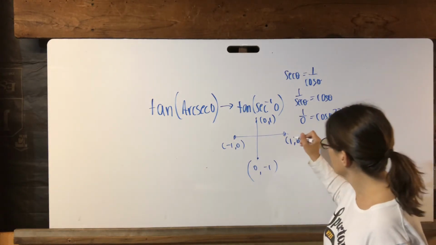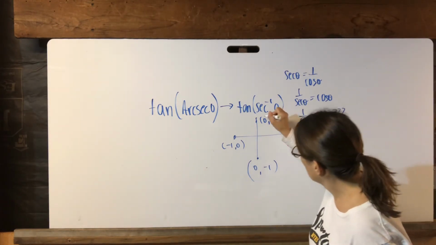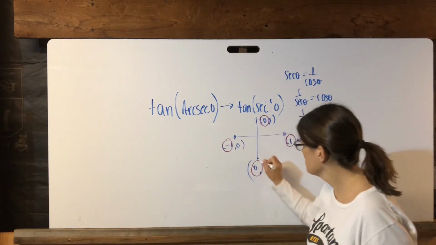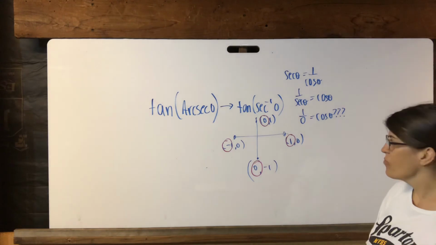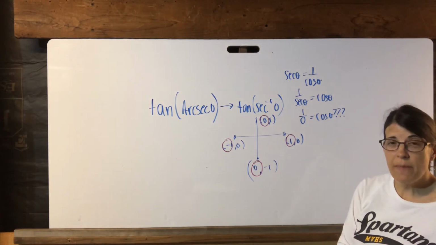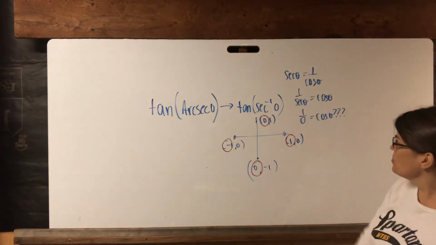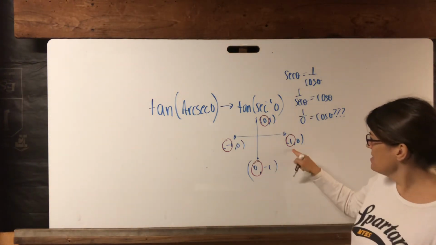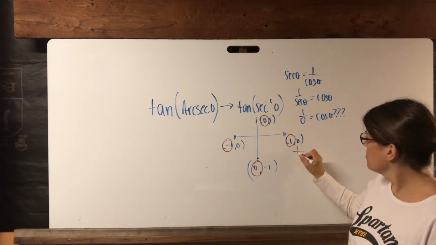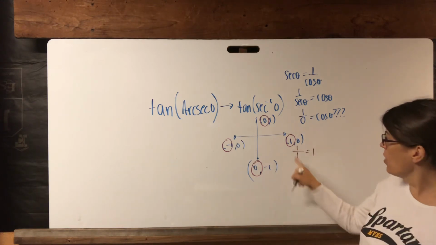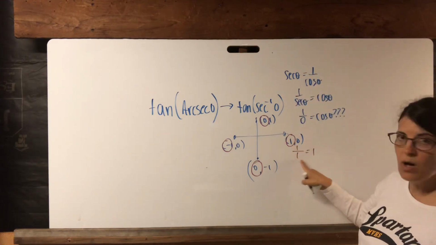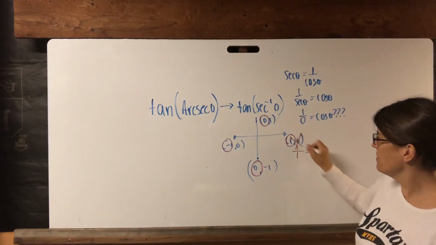So let's look at the cosines. Those are all my cosines. Agreed? X is cosine. Secant is 1 over the cosine, so 1 over 1 would be 1. So it can't be here.